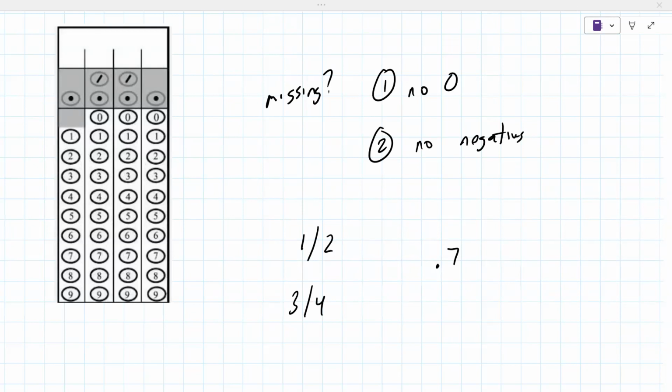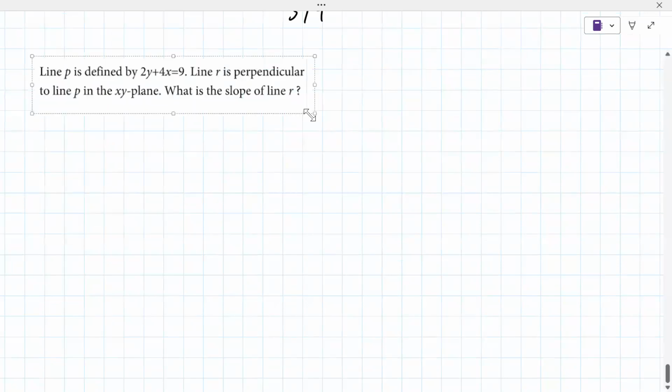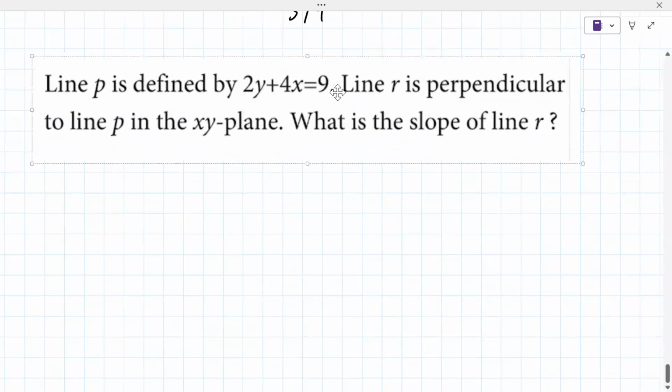All right. Do another one here. This will lead us into some more questions. Here's another free response, but you can just give me the answer here. We want the line that's perpendicular to this line. So first you have to figure out the slope of this line and then determine the perpendicular.